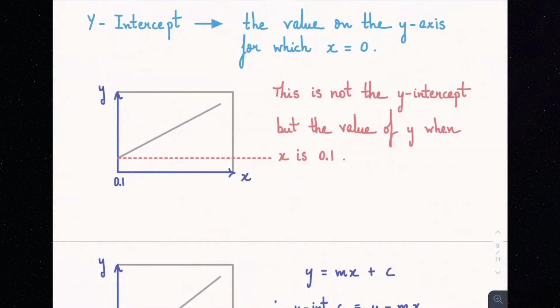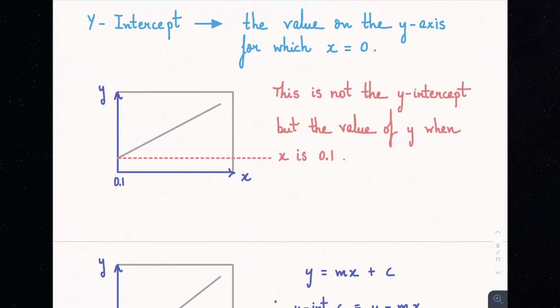Now, a few points about the y-intercept. First of all, what do we understand by the term y-intercept? It means that value on the y-axis for which x is 0.